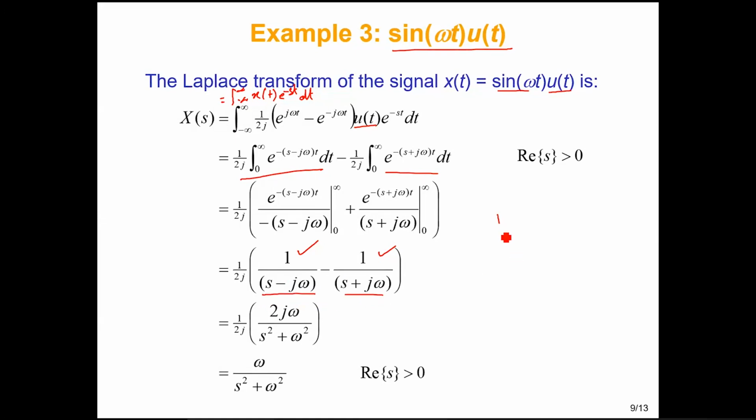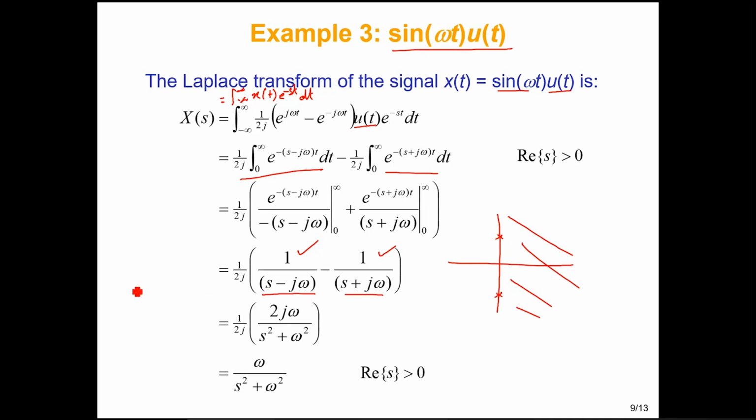So we end up getting two poles right here, and these two poles exist at this point and this point, and your region of convergence will be here. It will be on the right hand side because we have this u of t right here.